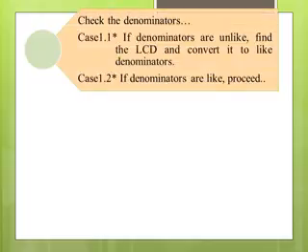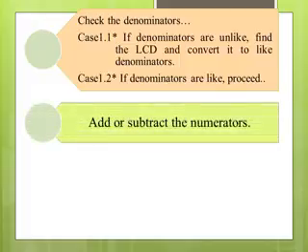Case 1.1: if denominators are unlike, this is for the case of dissimilar rational expressions, we need to find the LCD first and convert to like denominators. And for case 1.2, if denominators are like, for the case of similar rational expressions, we can directly proceed to rule number 2, which is to add or subtract the numerators.